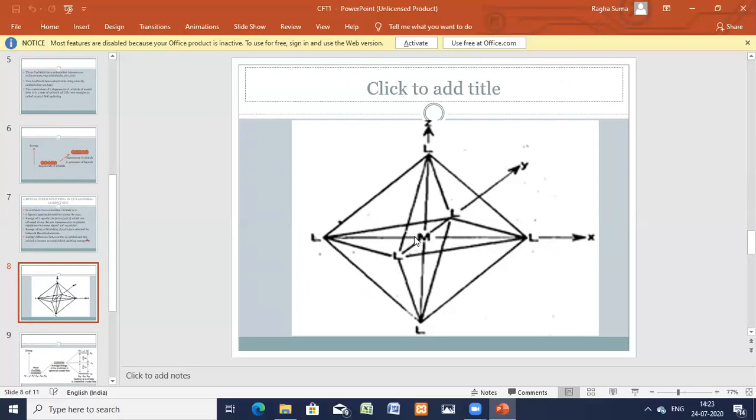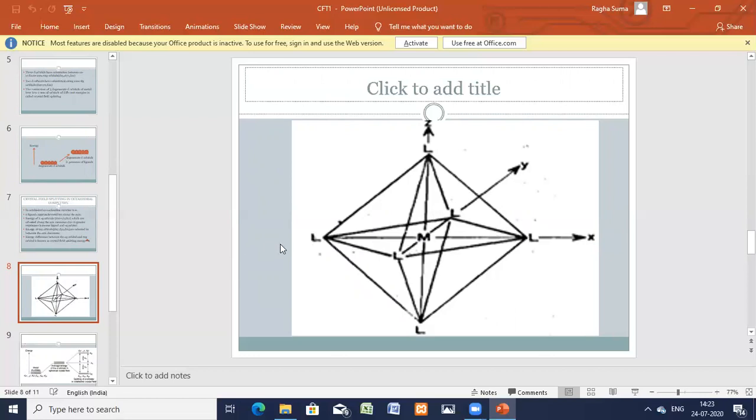Before the ligands approach and bond with the metal, there is splitting of the d orbitals, losing of degeneracy, and thereby they bond with the ligands. After splitting, the bonding of the ligands will take place. Now we'll see the splitting. This is the way they are arranged.